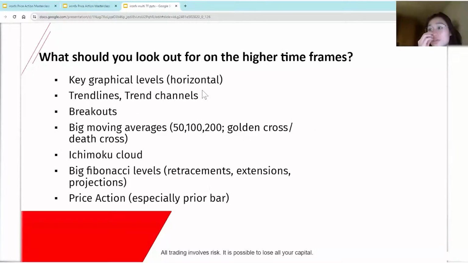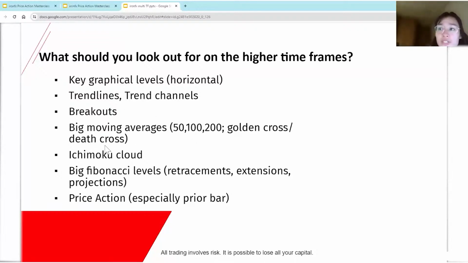Okay, so what we look out for on the higher time frames will be key graphical levels. These horizontal levels are those that we just went through: your support, resistance, pullbacks, overlaps, all of those. Trend lines, trend channels that we also just went through. Some breakouts, big moving averages.